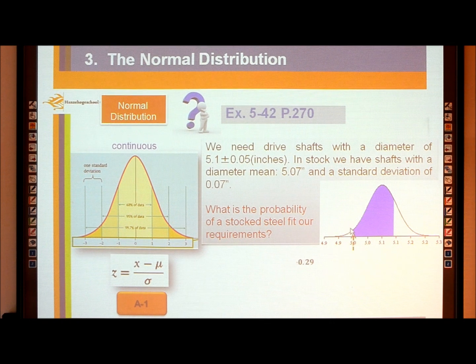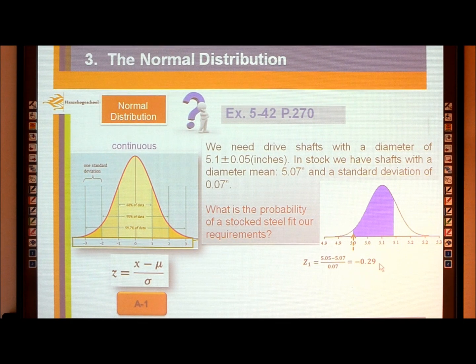And then you can calculate the first z-score. It comes from 5.05. So this number is 5.1 minus 0.05, minus the mean, 5.07, and divide it by the standard deviation, 0.07. And you get your first z-score, minus 0.29.